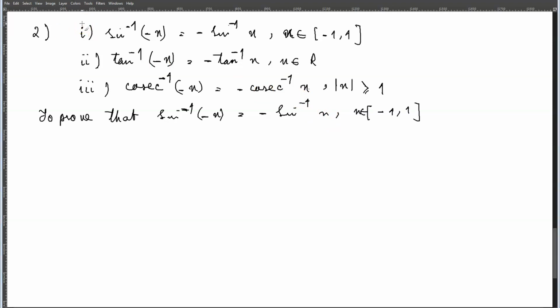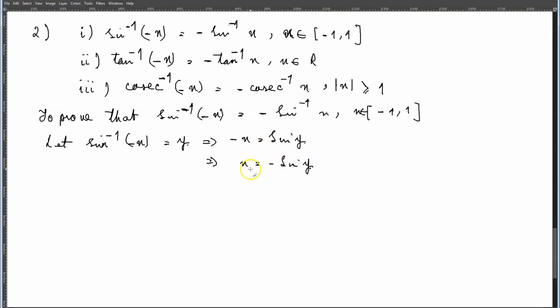Let sine inverse of negative x be equal to y, which means that negative x is equal to sine of y, which means that basically x is equal to negative sine y.